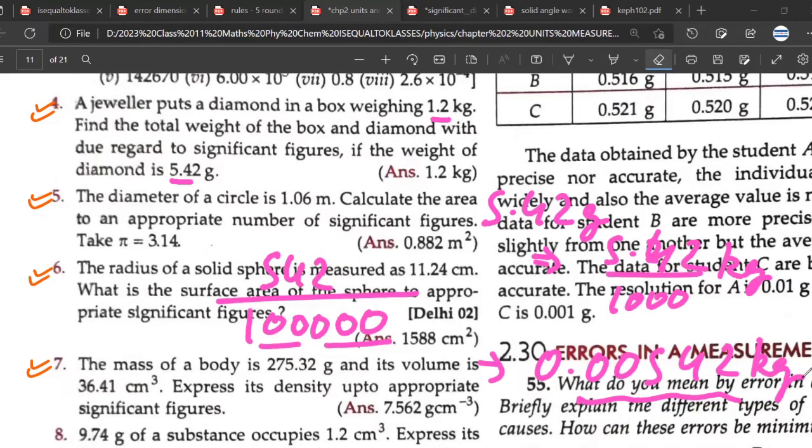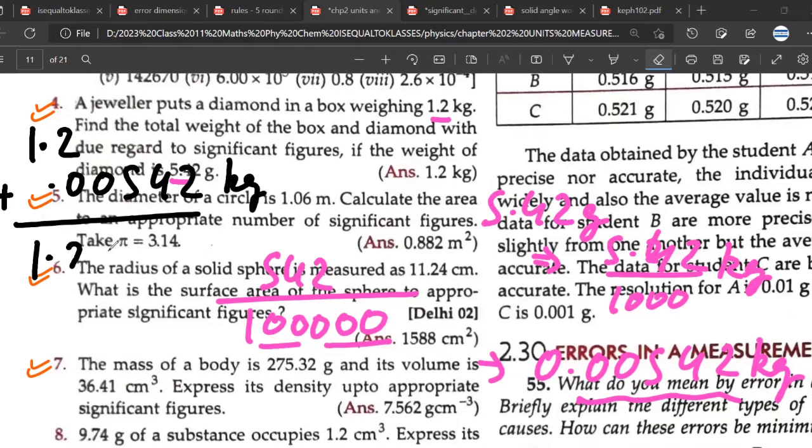Are we okay? And when I add this to 1.2 kg, this would be 1.2 plus 0.00542 kg. So my answer is 1.20542 kg. But again, because the significant digits is 2 here and it is 3 here, I'll have to have my significant digits limited to 2.